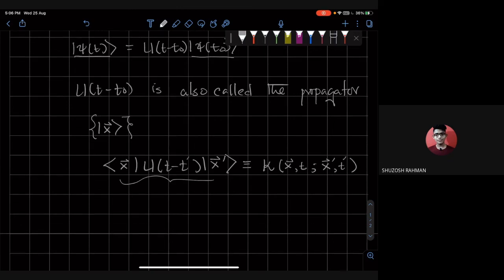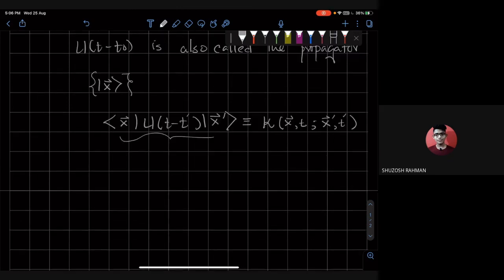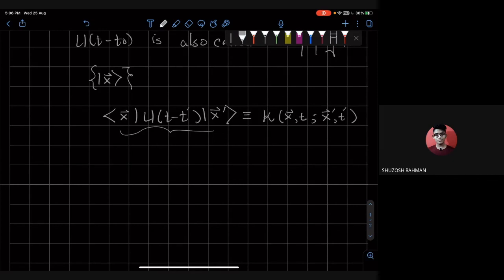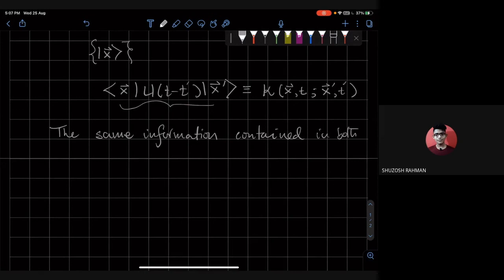Okay, so the same information is contained in both of these forms.